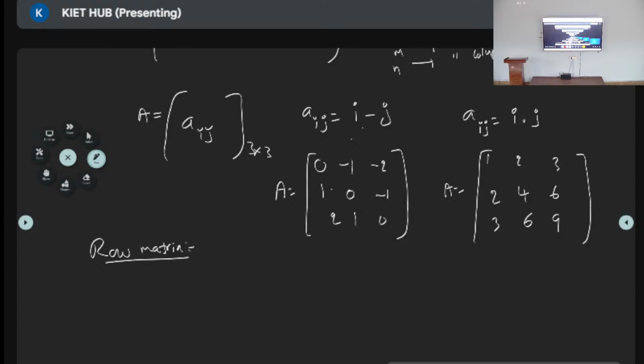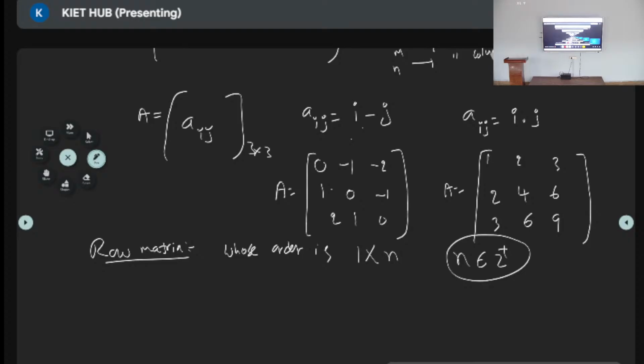A row matrix contains a single row and any number of columns. Its order is 1 by n, a single row and any number of columns. n belongs to what? Positive integers.